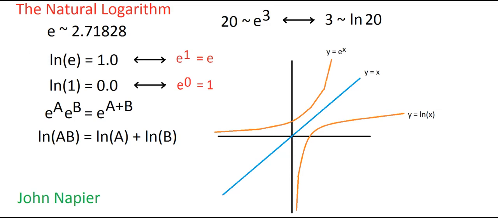The natural logarithm hinges on a particular number. This number is indicated by the lowercase letter e and is approximately equal to 2.71828. This number actually goes on with infinitely many non-repeating decimal digits and is a transcendental number.